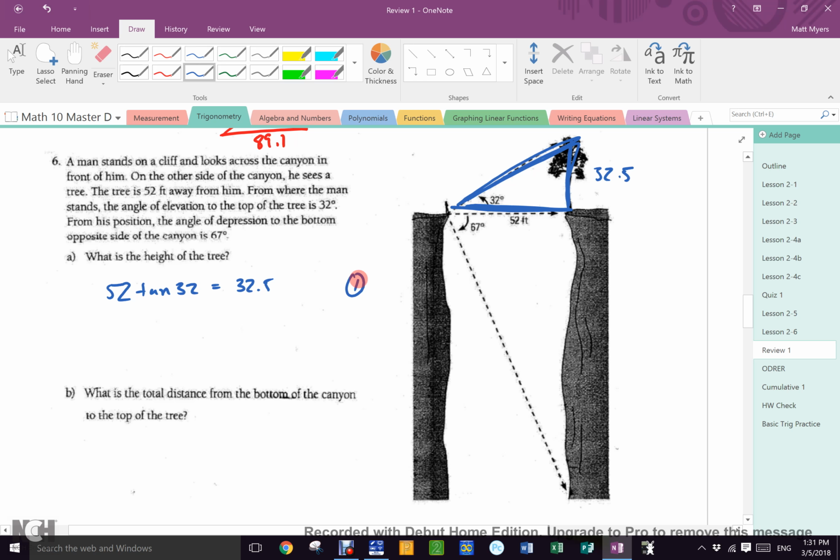Second one, total distance to the bottom of the canyon. Now I have the red triangle. Same thing, except now it's 52 tan 67. But that is not the right answer, is it? That is only the red part. What do I have to do with those 2? Add them. Now, when you punch this in your calculator, every single one of you is going to round this, aren't you? Yeah, you are.